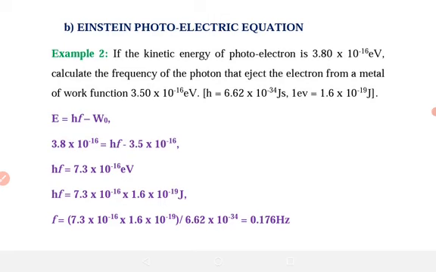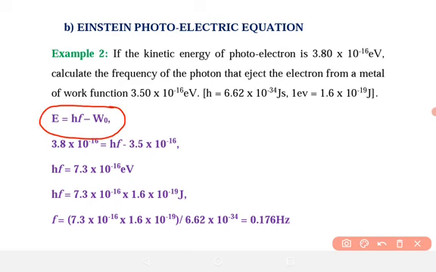That is when light shines on the surface of the metal and the light has a frequency sufficient enough to eject an electron from the surface of the metal. We say the photoelectric effect has occurred. And Einstein came up with an equation for this effect, and that equation is what is represented here.